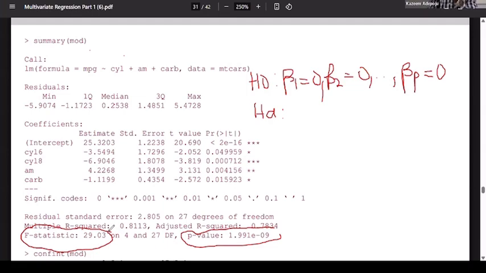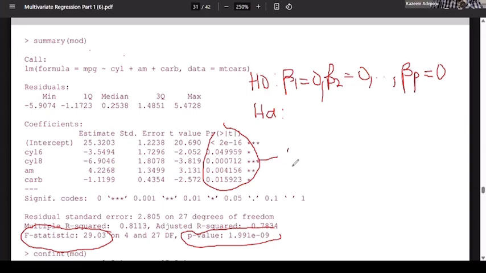But if I want to take a decision about an individual predictor in the model, then I'm going to use the p-value here. If I want to take a decision about the contribution of an individual predictor in the model, I'm going to use that p-value.